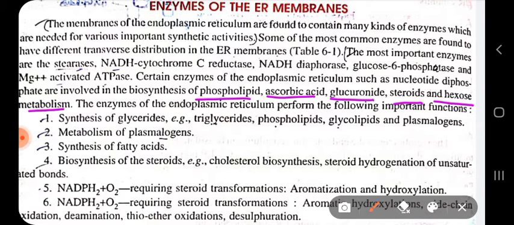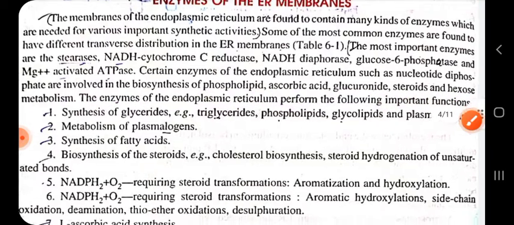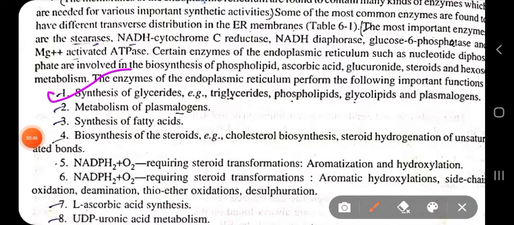Now all these enzymes found on the endoplasmic reticulum perform the following important functions: synthesis of glycerides like triglycerides, phospholipids, glycolipids, and plasmalogens are synthesized by these enzymes.